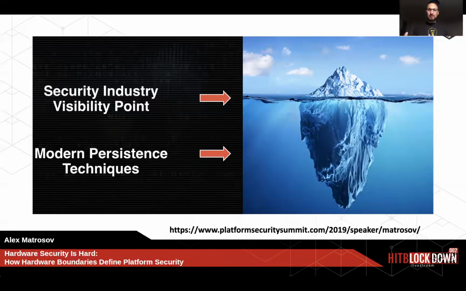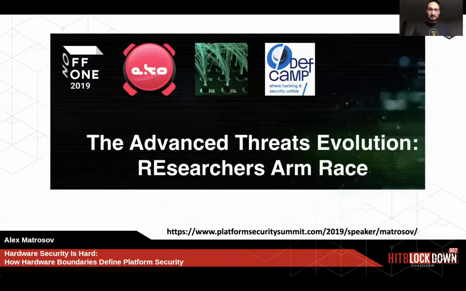We have a lot of modern persistence techniques tied to hardware and firmware that stay invisible to any endpoint solutions, and we don't have any automated tools or approaches for finding hardware and firmware implants. It's creating a lot of differences in our modern attack surfaces and threat modeling approaches.